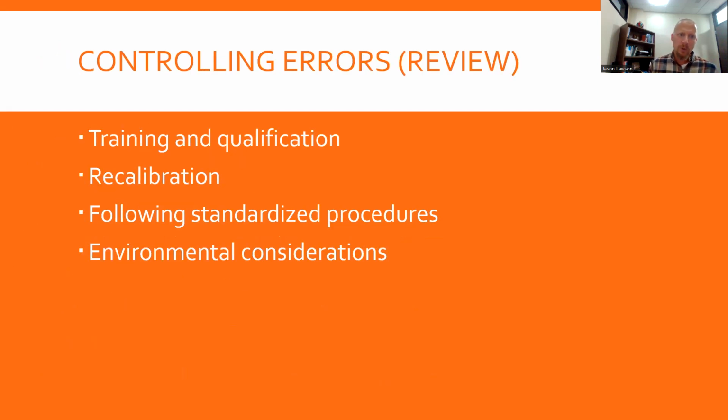So when we're controlling errors, and again, we covered this already, we make sure we're trained and have the qualifications, and that we are recalibrating and practicing those assessment tools. I remember practicing them at home, getting ready for bed, and of course I didn't have children back then. I'd sit on my bed and lay all the pieces of the assessment tools out, looking at the manual.